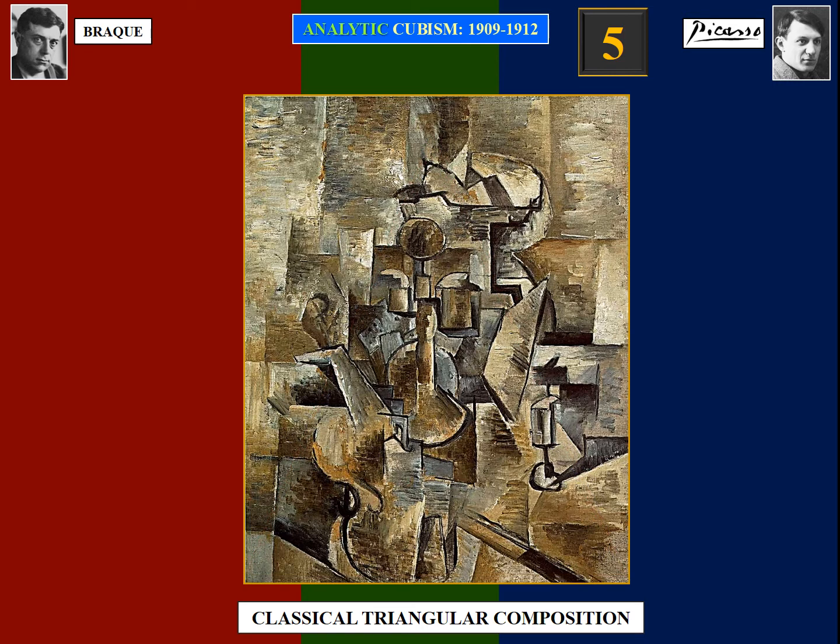The density of the composition falls within that triangular configuration, and then you have more of a void, less activated space on either side of that triangular slant as we approach the apex at the top. In other words, analytic cubism is very classical, and you can think back about the classical origins of the triangular configuration that we saw in the Roman High Renaissance.